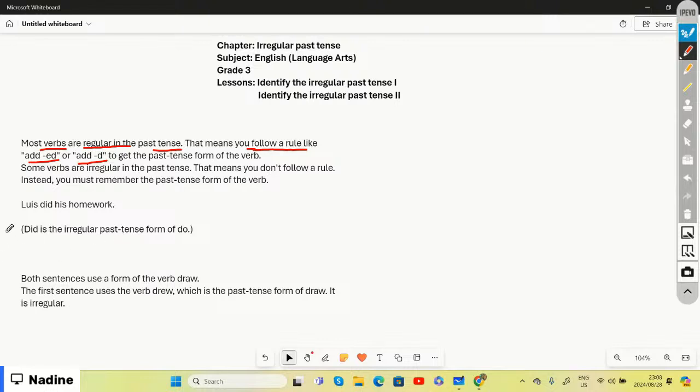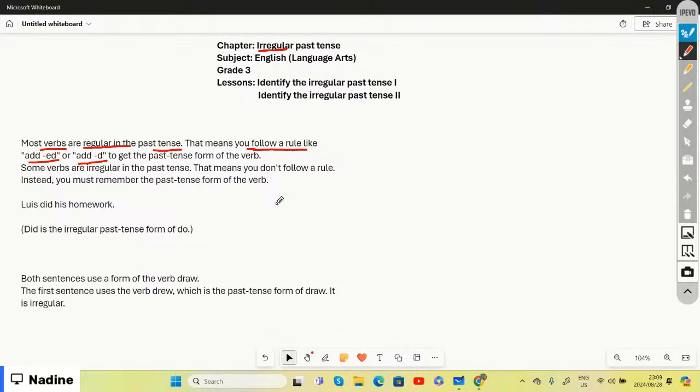But now, if our verb is irregular in the past tense, then it means that you don't follow any rules. So if the rule in the regular past tense is to add ed or add d to show the different tenses, then in the irregular past tense, we do not follow any rules.